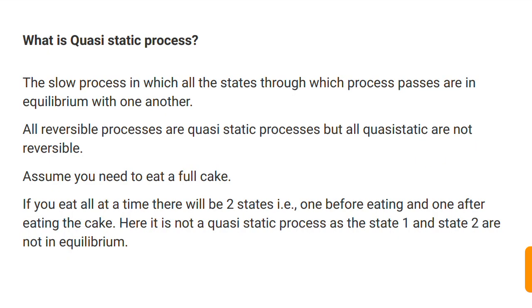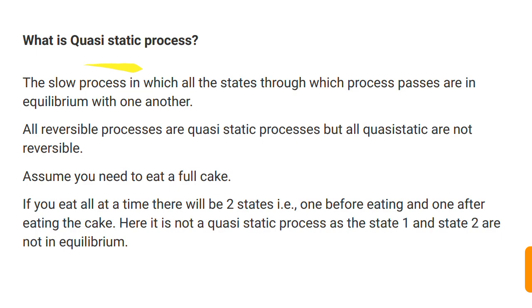Now there is one more process we call quasi-static, because of the speed of the process. It is a slow process in which all the states through which the process passes are in equilibrium with one another.